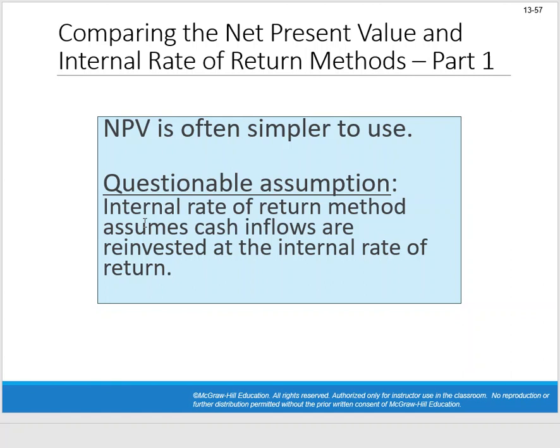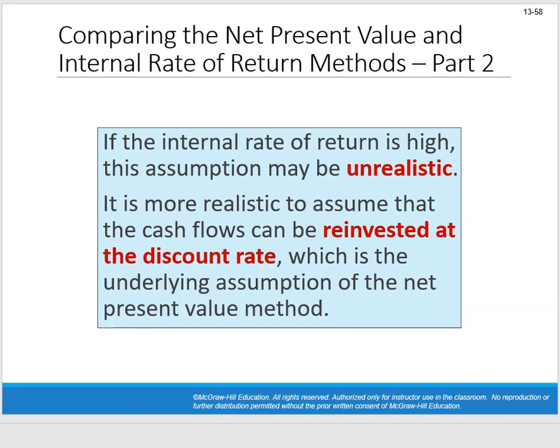Questionable assumption. The internal rate of return method assumes cash inflows are reinvested at the internal rate of return. Well, to be honest, we made a similar assumption with NPV, that all of our cash flows were going to be reinvested at the discount rate. Also could be problematic. So if the internal rate of return is high, this assumption may be unrealistic.